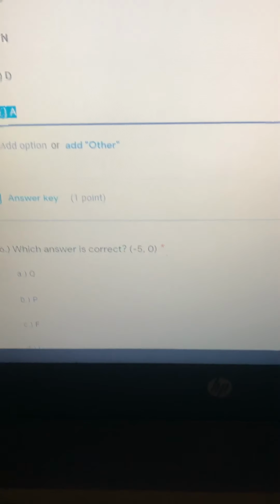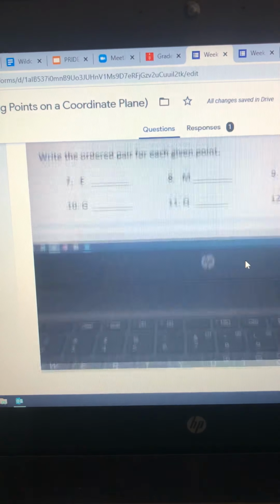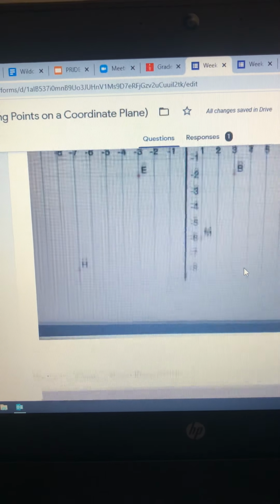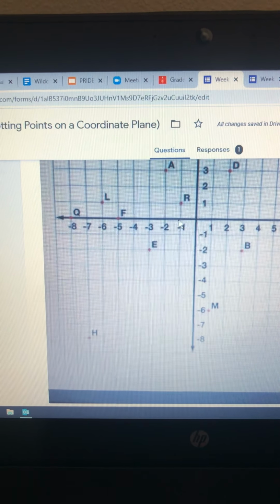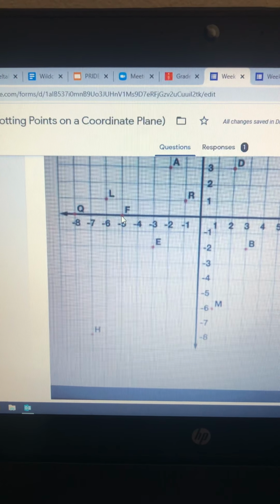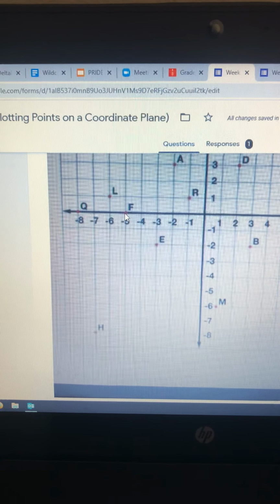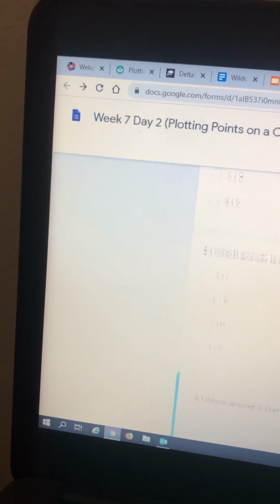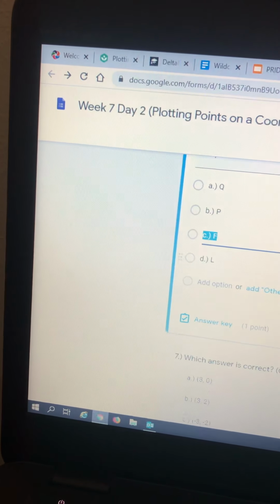Number 6, -5, 0 is over 1, 2, 3, 4, 5, and then 0 stays on that line, so we are staying on the y-axis as F. So number 6 should be F, and that is C, and that is correct.